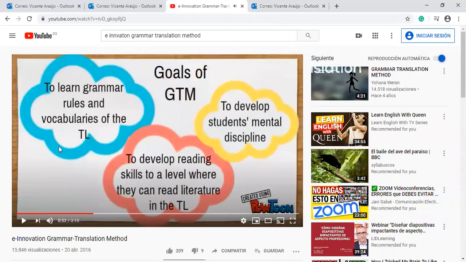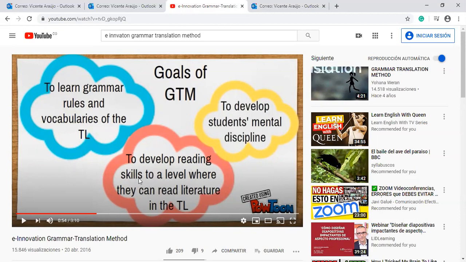What are the goals? To learn grammar, rules and vocabulary of the TL. TL means target language. What is the target language? The language that is being studied. For example, in our case, the target language is English. That's the target language because that's the language we are learning.